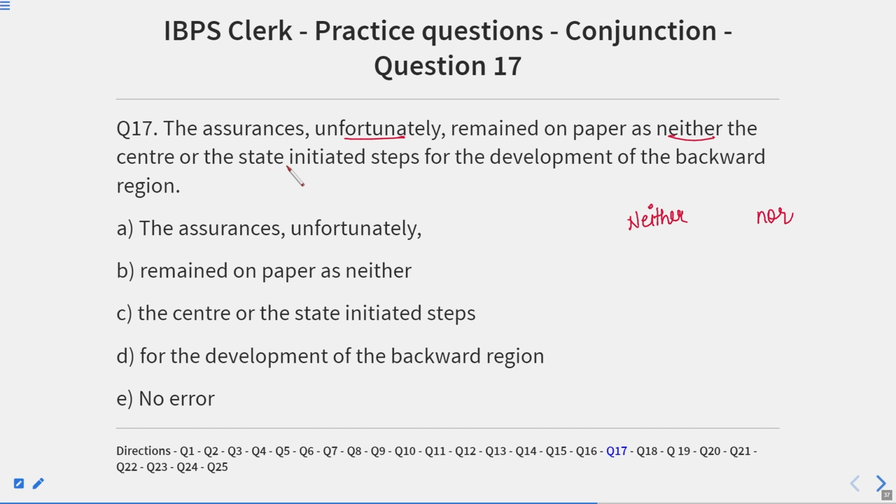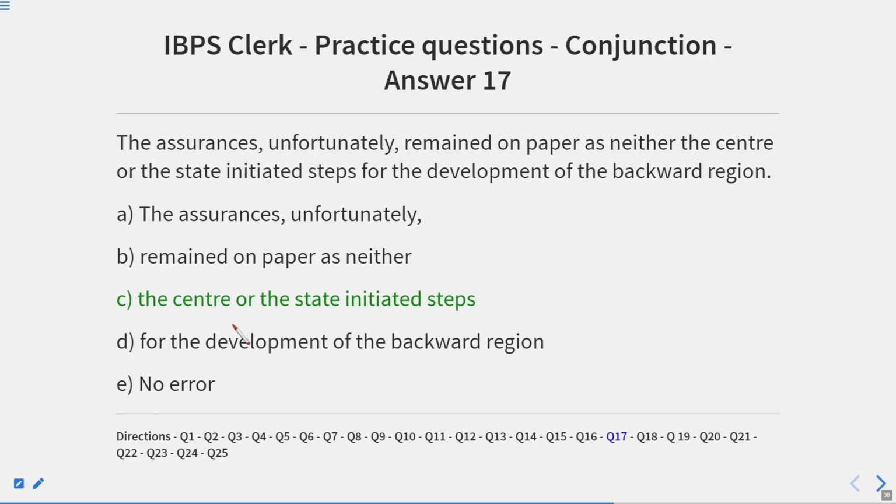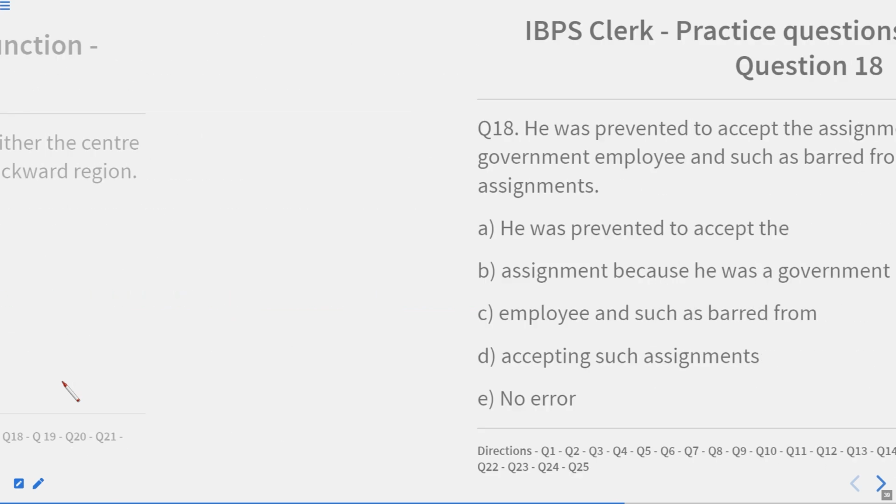Neither the center or the state: we have two options here, the state and the center. So this or is an incorrect pair, it should be paired with nor. So the error is in part C, where this or should be replaced with nor, because neither makes a pair with the word nor. Now let us move to the next one.